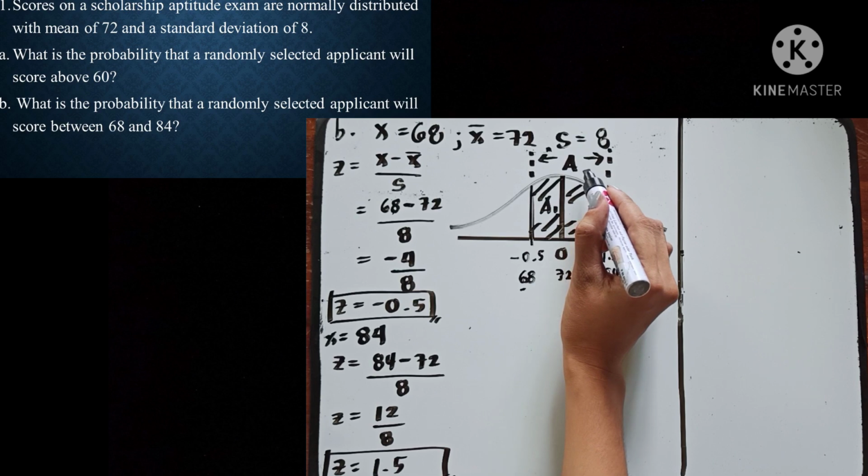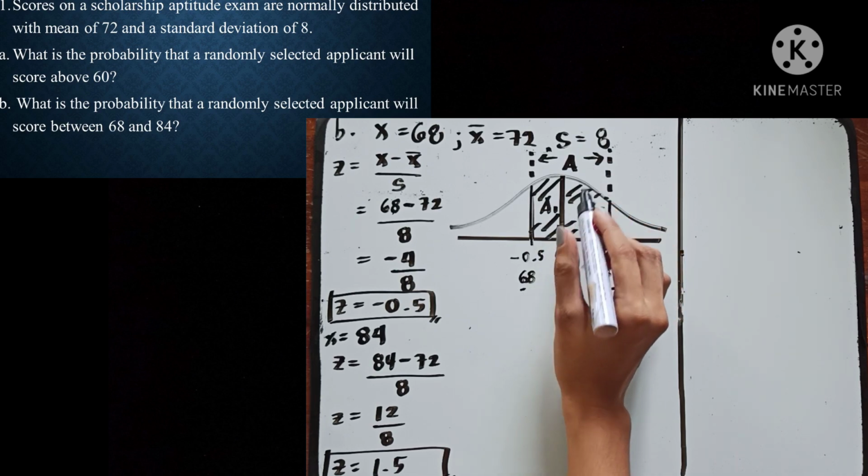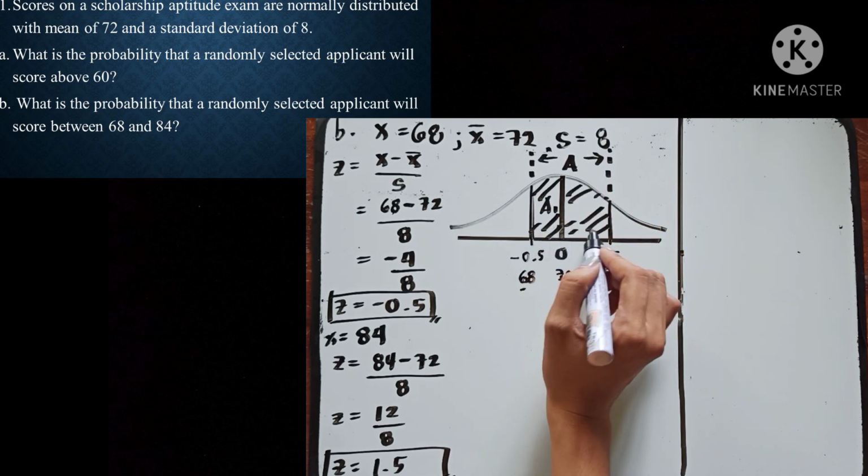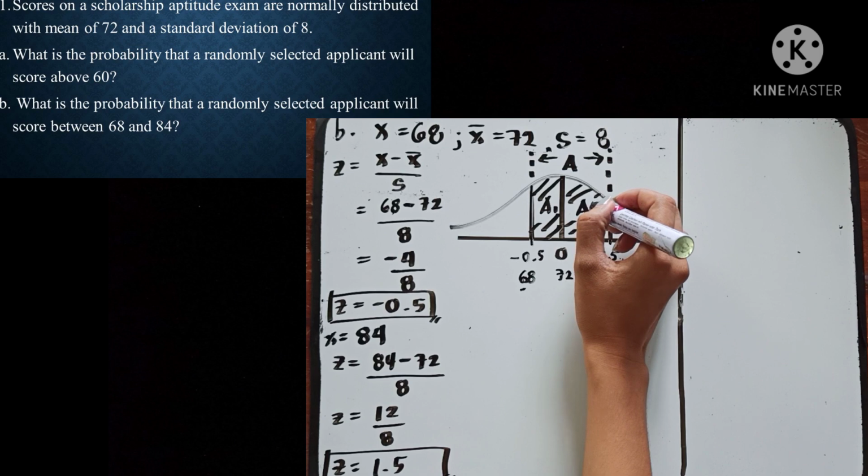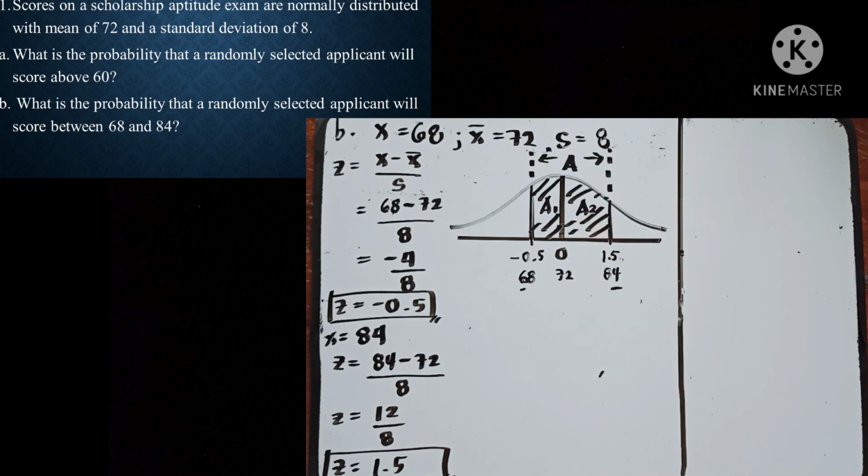To get the value of your A, kailangan ng combination ni A sub 1 and A sub 2. Okay? Pinagsamang A sub 1 at A sub 2. So, A sub 1 yung left, A sub 2 yung right.